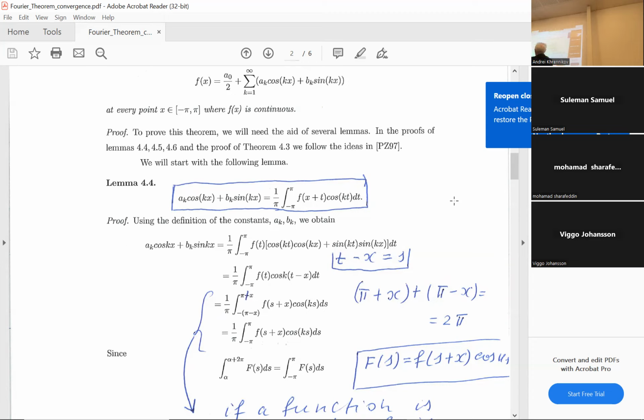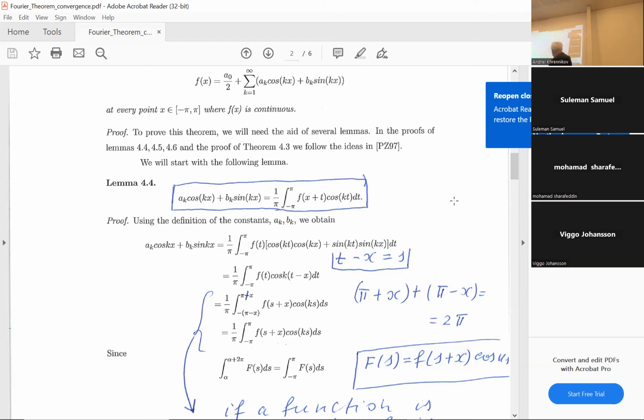Now we have this integral, which is from this to this. The difference between these 2 points is the period. And now we claim that it is equal to this integral over minus pi to pi. This is my remark. We consider this function of s, cosinus ks is periodic. This should be stated in the formulation of the theorem. I should write maybe somewhere that function f is also periodic.